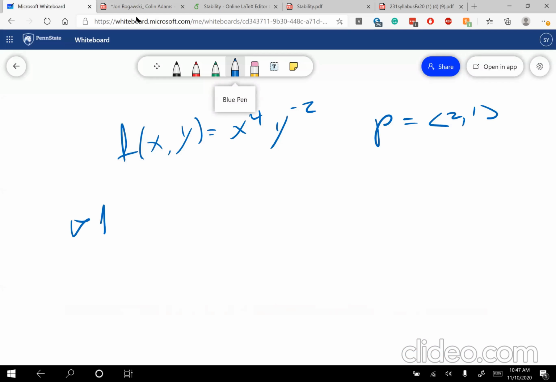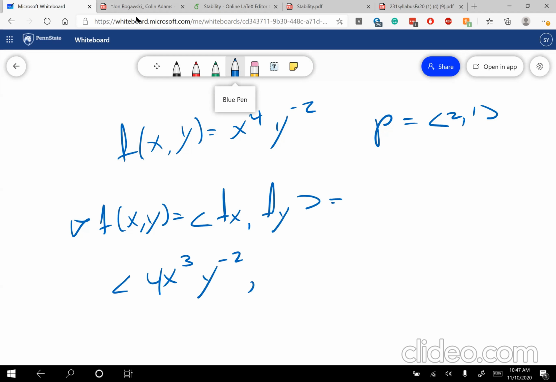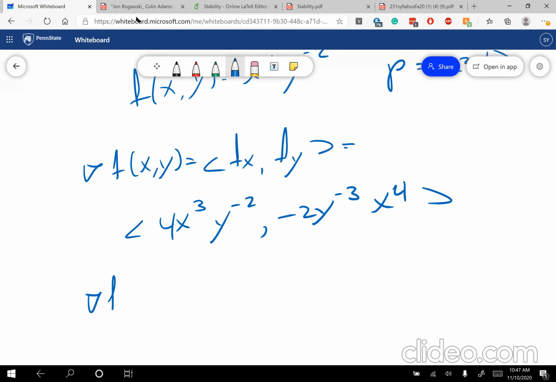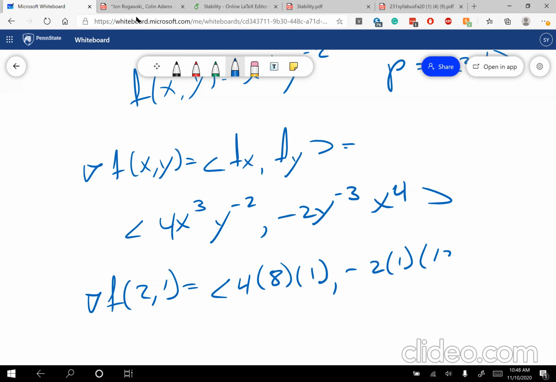So the gradient of f at (x,y) is equal to the partial of f with respect to x and the partial of f with respect to y, which is going to be equal to (4x^3 y^-2, -2y^-3 x^4), which means that the gradient of f at (2, 1) is going to be equal to (4 times 8 times 1, -2 times 1 times 16).